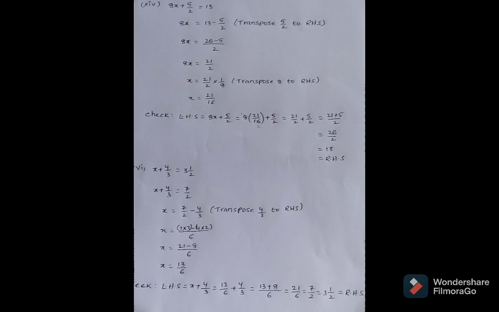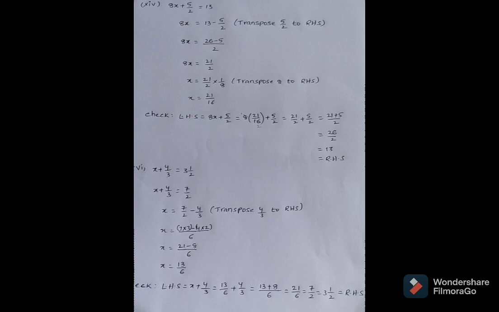Here in LHS plus 4 by 3. Transposing to RHS, it will change to minus 4 by 3. So x is equal to 7 by 2 minus 4 by 3. We observe the denominators 2 and 3. So LCM is 2 3s are 6.